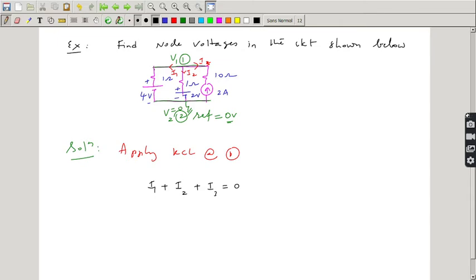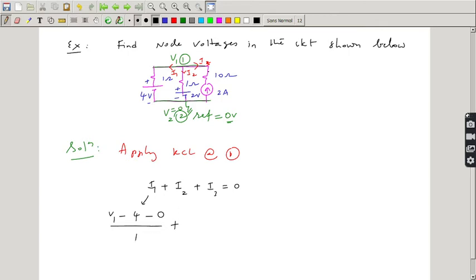Then I1 is the current flowing from V1 to the ground. So I can write this as V1 minus, since this is the highest potential point, all the voltage present in that branch should be subtracted from it. So V1 minus 4 volts, this is already the plus terminal, so you take minus 4, and minus V2, that value is 0, divided by that branch resistor 1 ohm.